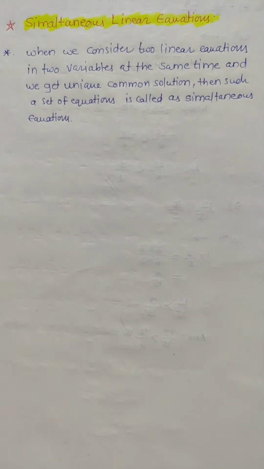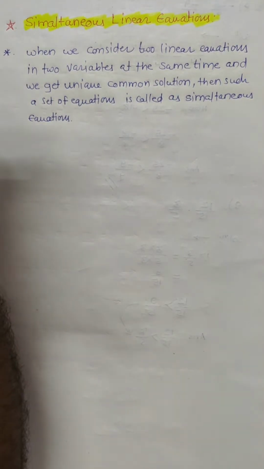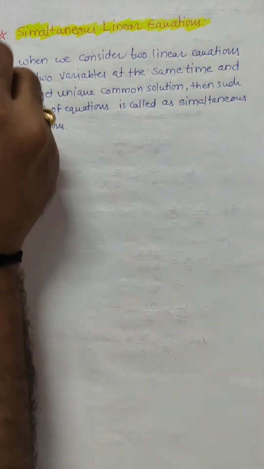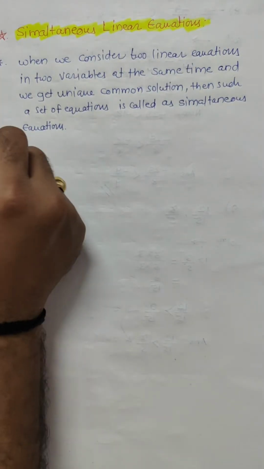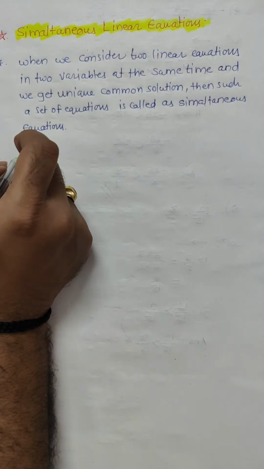Number one, elimination by equating the coefficient, and second method, elimination by substitution. In previous classes, we already learned this. This is the first point, this is the second point. In the previous standard, we studied two methods.